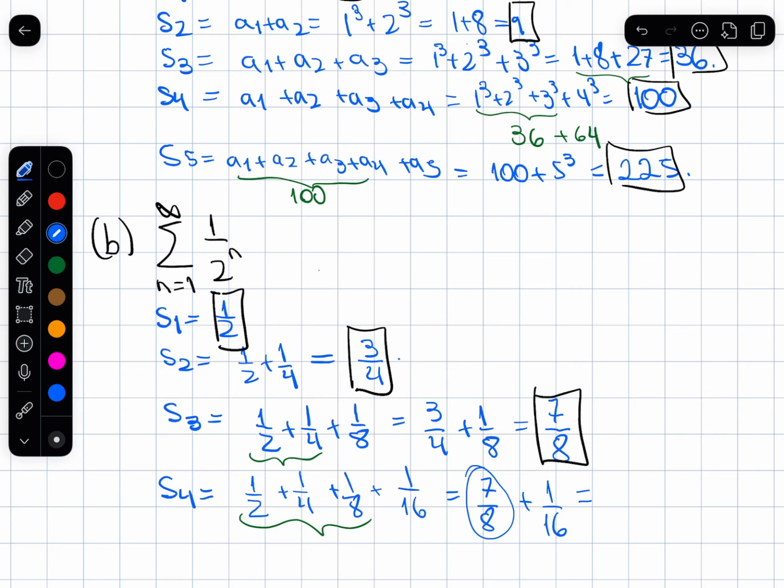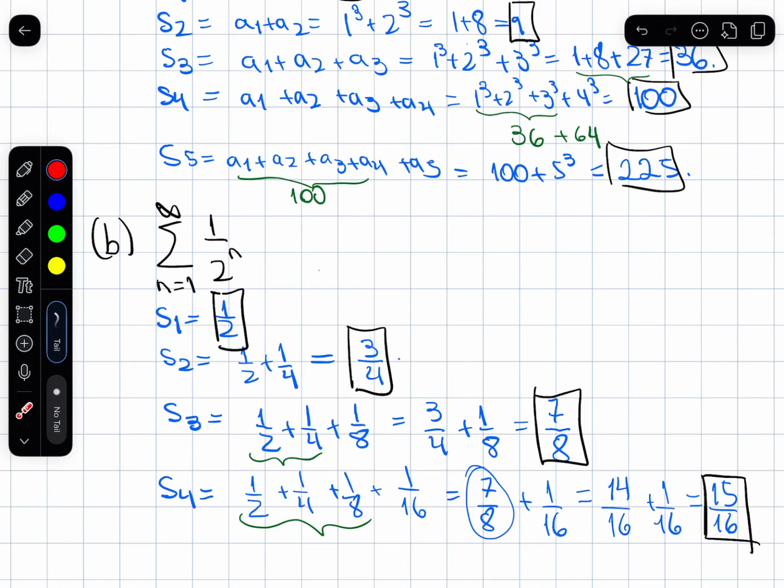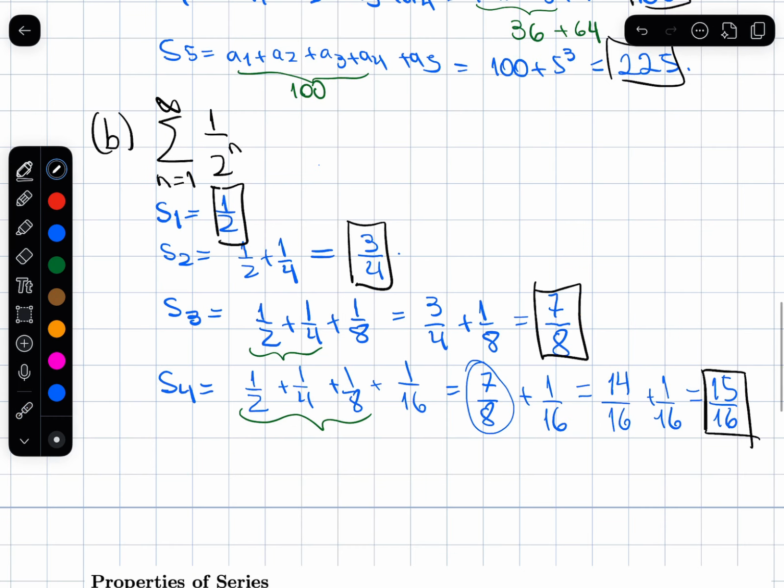Multiply this one by 2. I get a 14 over 16 plus 1 over 16. And so this is now 15 over 16. So my prediction was wrong, but I now see a pattern that's equally convenient. You see the bottoms are doubling, right? And the tops are always one less than the bottom. You see that? So I see a pattern that I like.